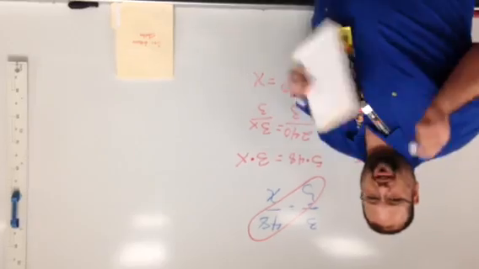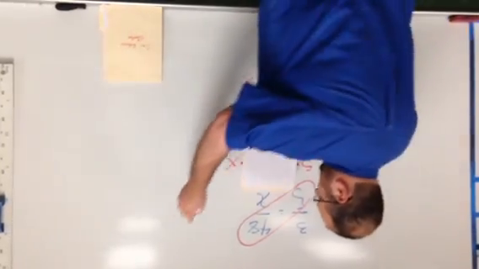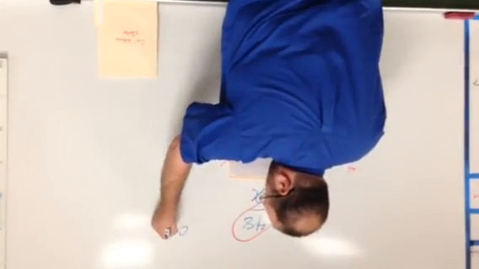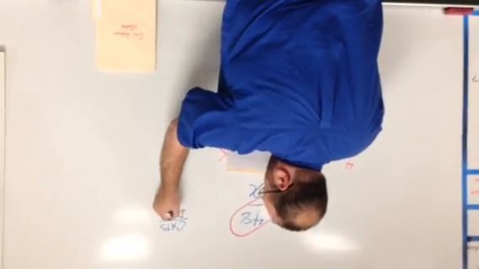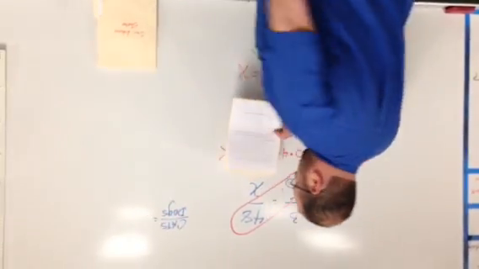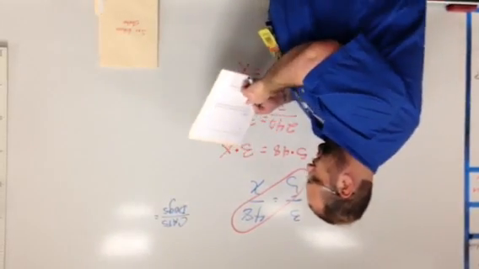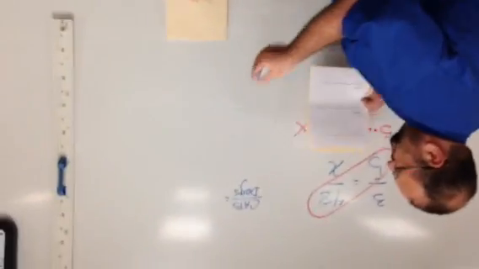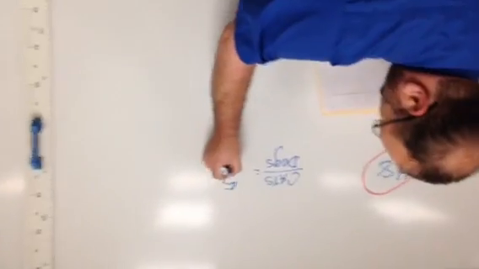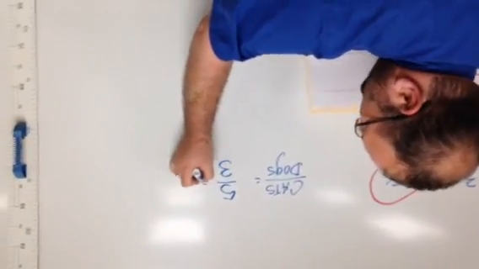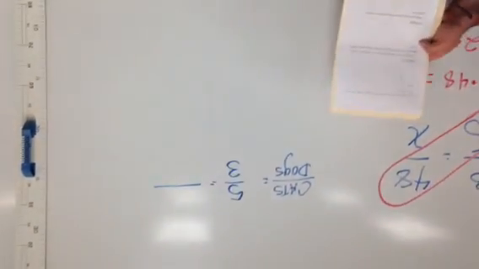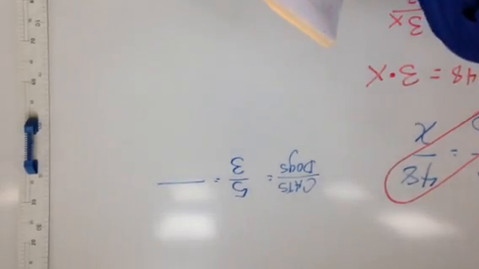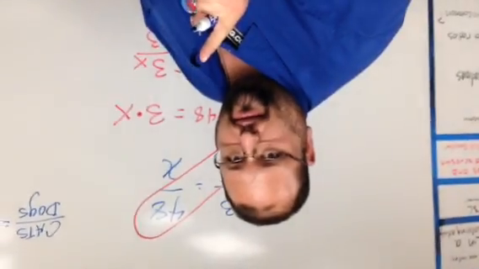We're going to start with what I call a word ratio, and it's cats to dogs. In our problem, it said the Converse Animal Shelter has a ratio of cats to dogs that is 5:3. 5 cats to 3 dogs. And it wants to know that if there are 20 cats in there, how many dogs will we get?